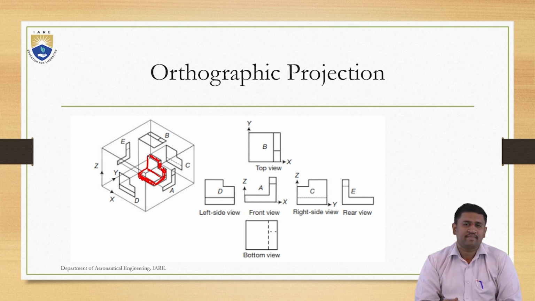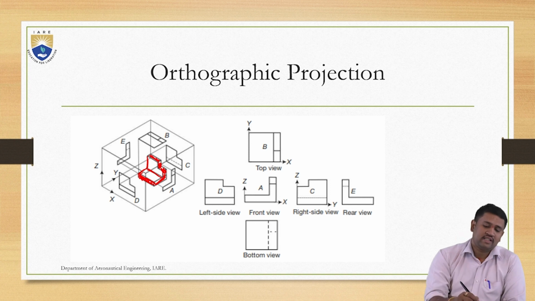Now in this case, I can't give a 3D object to my manufacturer because he will not be able to understand clearly, nor will he be able to measure the dimensions manually. So in order to do that, this 3D part we are converting into a 2D projection.